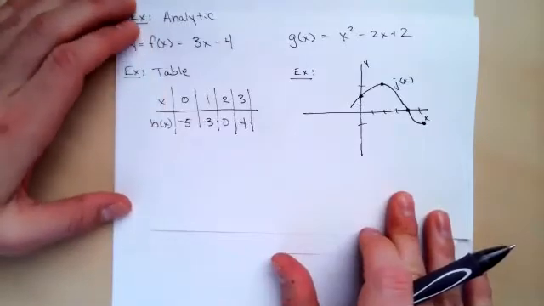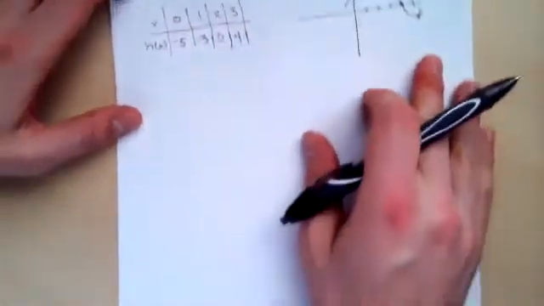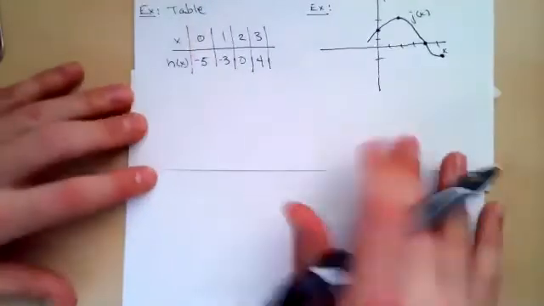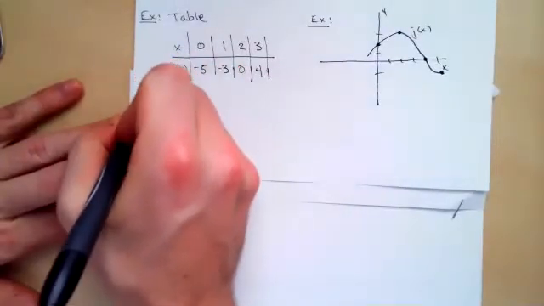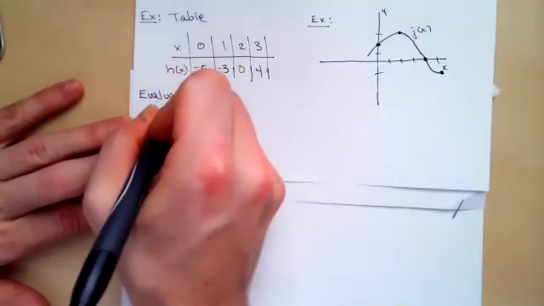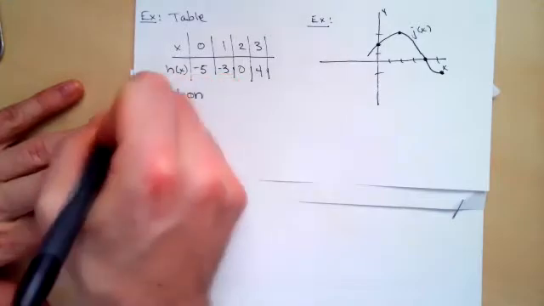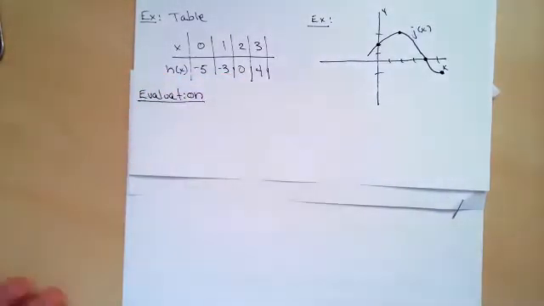So the next thing we want to do is evaluate functions. Evaluating a function simply says, well, if I choose a specific value or a specific expression for the independent variable, what happens to the dependent variable? Or how does the expression change for the dependent variable?